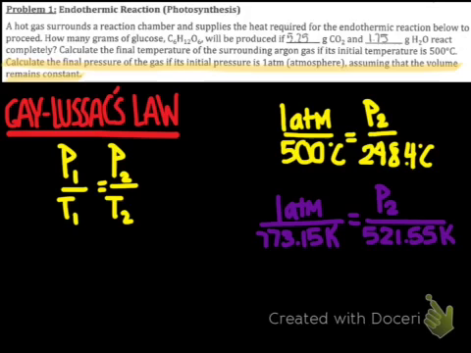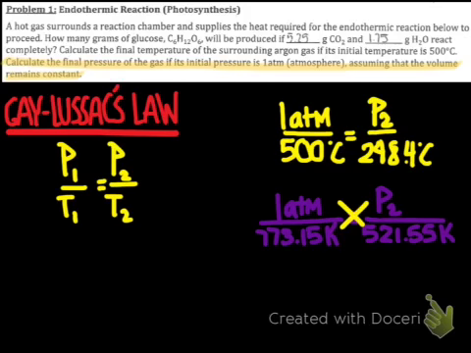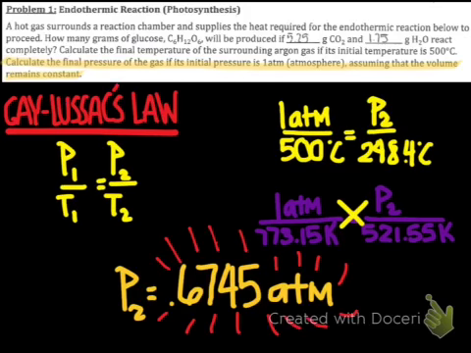That is 1 atmosphere over 773.15 Kelvin, and that equals pressure 2 over 521.55 Kelvin. And after cross-multiplying correctly, you get the final pressure as 0.6745 atmospheres.